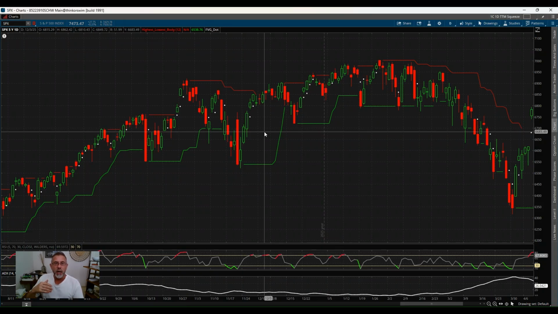Any stock that comes up on that scan is worth taking a look at to see if there is a trade.